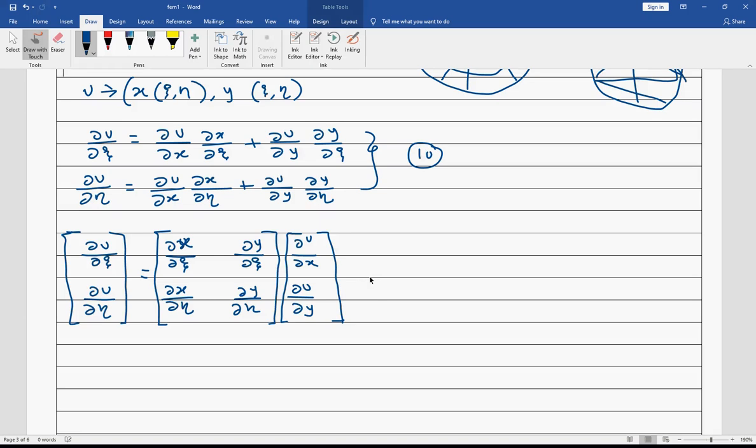So this is equation number 11. Just let me know whether you understood up to equation number 11 or not. Then we'll move ahead.